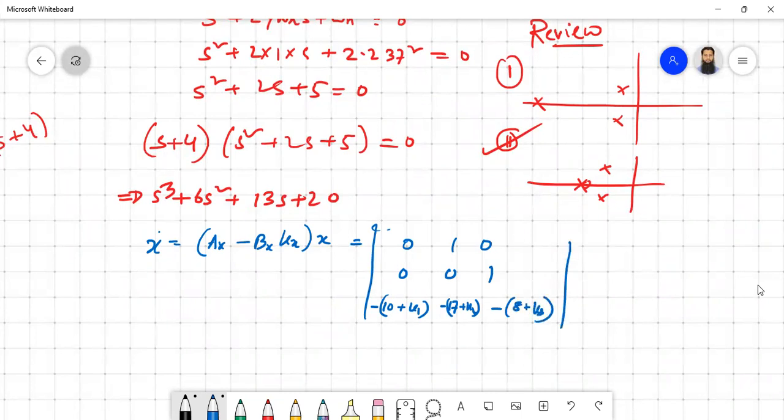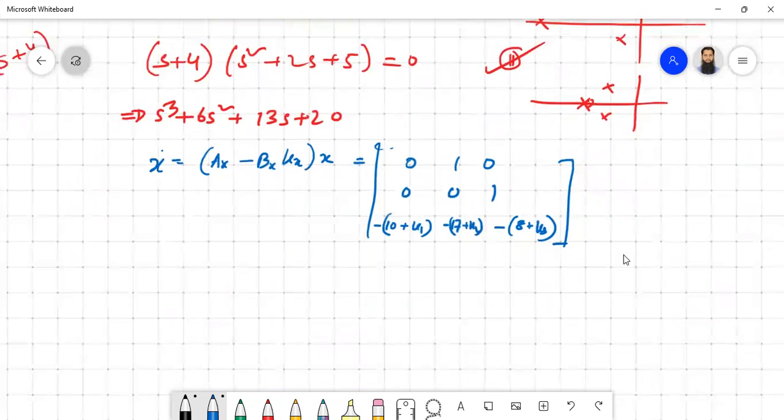And the beauty of the phase variable form is that you don't have to find out the characteristic equation. Only from the last row we can predict what our characteristic equation should be.